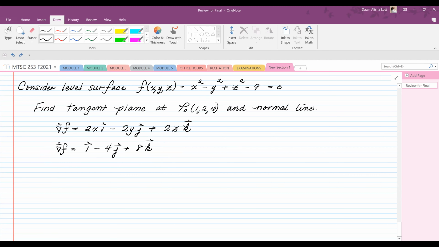I'm confused. The coefficient here is 1, -4, and 8. Yeah, and then I thought the tangent plane had to be x minus 1. It is x minus 1 times 1. Wait, how did you get times 1? Because that's the number in front of here.